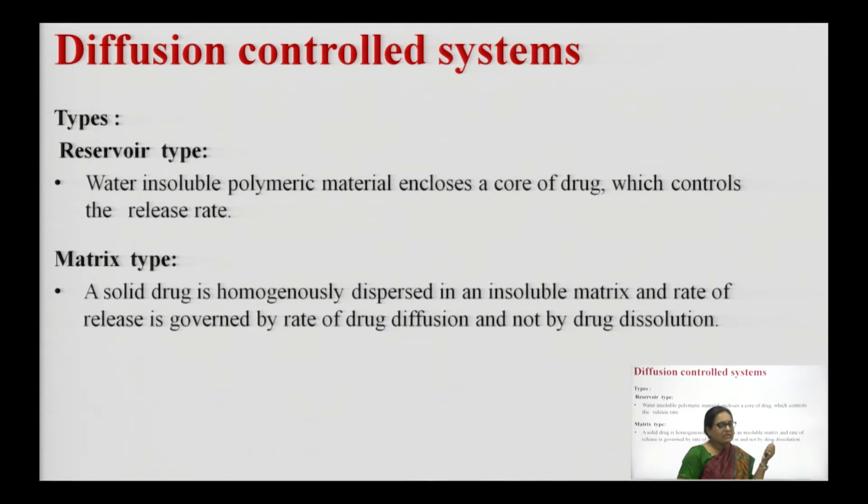In earlier systems where we were talking about dissolution controlled matrix type of systems, the rate of release was dependent upon the rate of erosion of the matrix, but here it is dependent upon the rate of diffusion of the drug across the polymeric matrix.